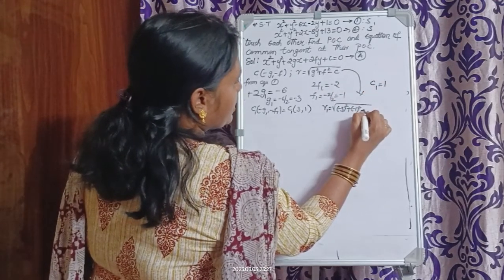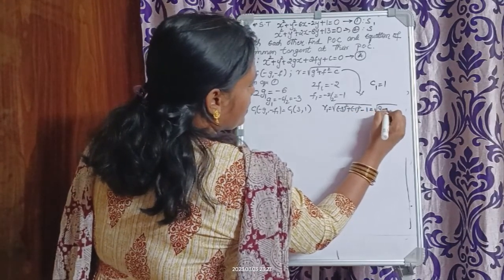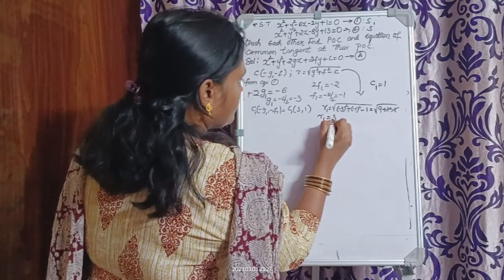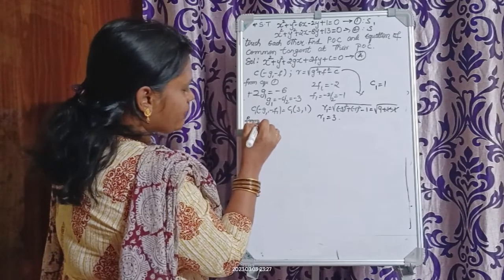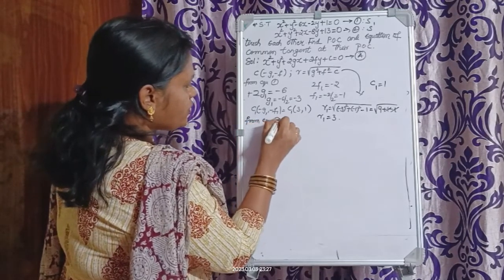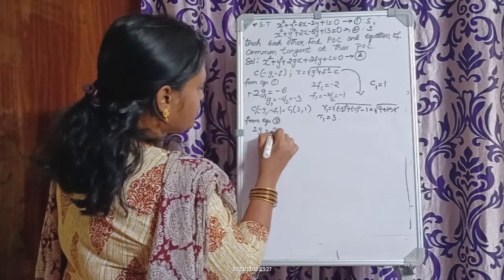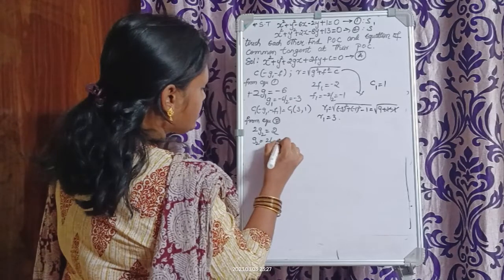So it is 9 plus 1 minus 1. This will get cancelled. So r1 is equal to 3, right? Similarly, from equation 2, we get 2g2 is equal to 2, which implies g2 is equal to 2 by 2, which is equal to 1.